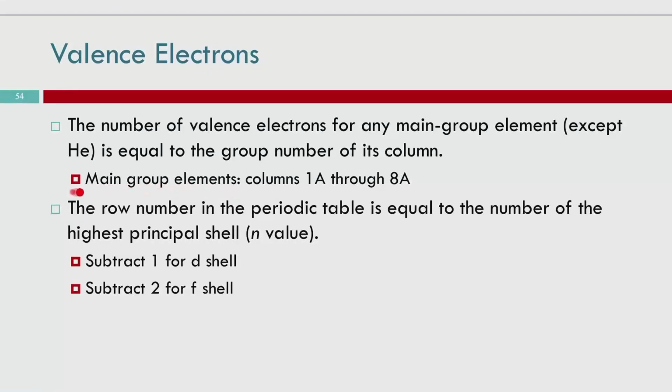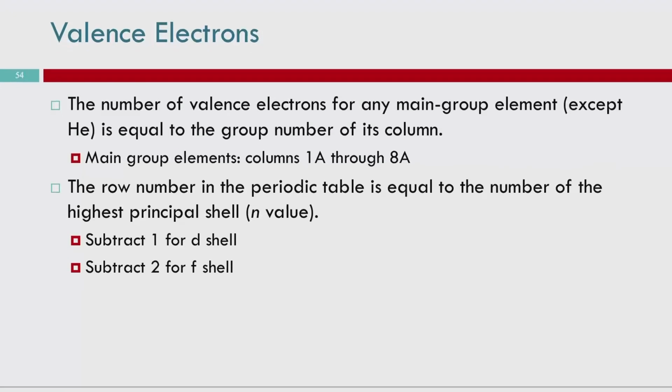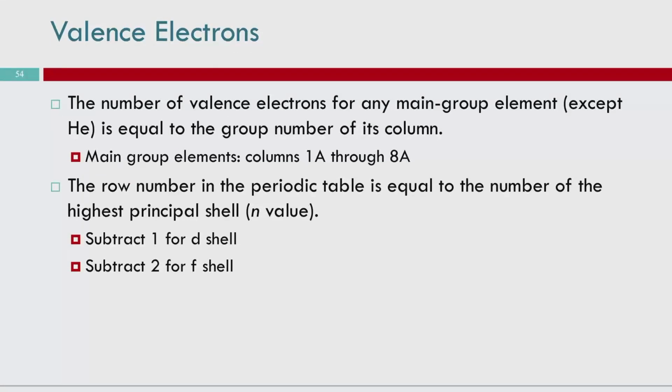So again, for our main group elements, columns 1A through 8A, it's the same as the column number. So just skip the transition metal block, skip the D block, kind of in the middle there. And that's how you get the A designation numbering. The row number in the periodic table is going to be equal to the number of the highest principal shell, the n value, but for our D shell you subtract 1.